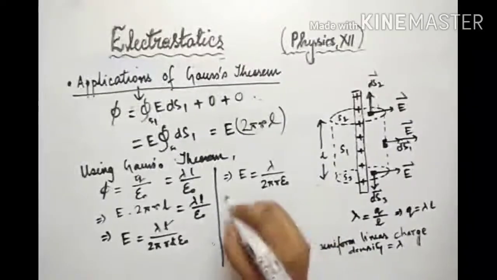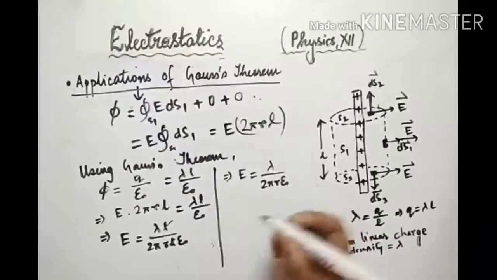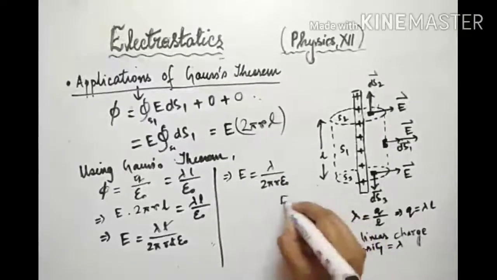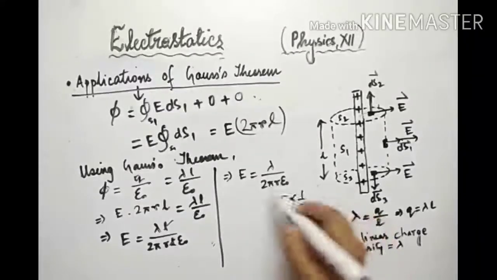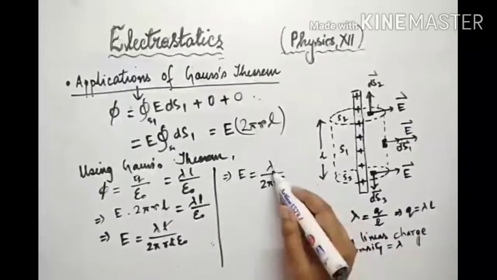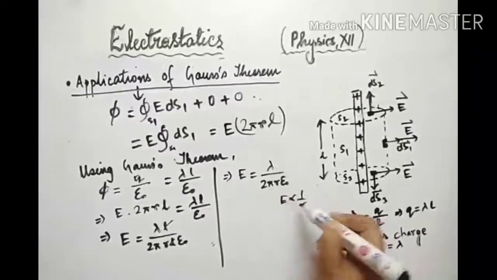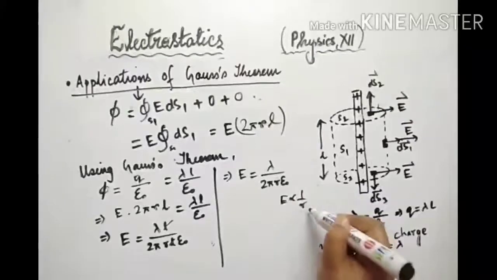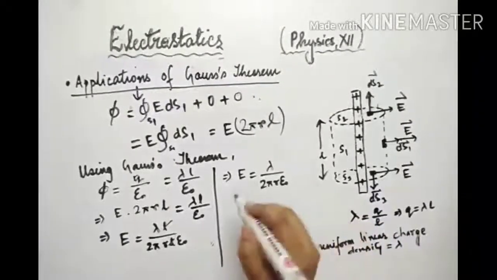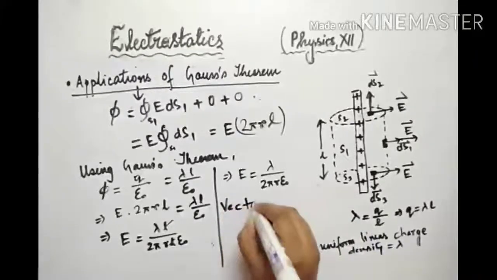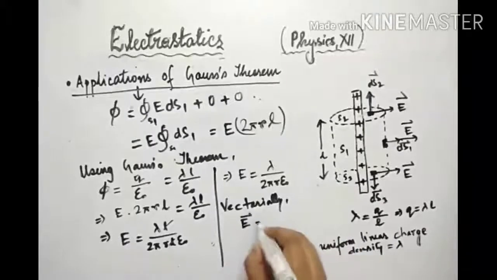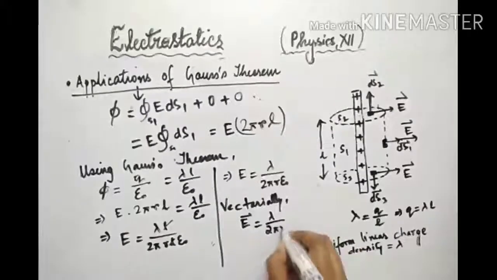And if you had to find it out vectorially, another thing you can see, in this case E depends on 1 by R. All the other things can be considered to be constant. These two are constant, so this can also be considered as constant. So E depends inversely on R. Okay. This is one conclusion. And if you had to write vectorially, you could have written it as lambda by 2 pi R epsilon naught.